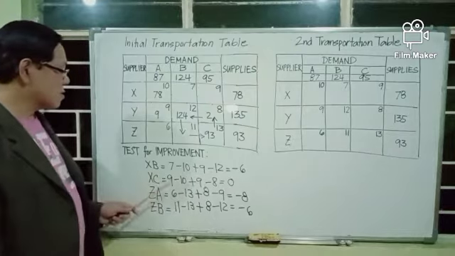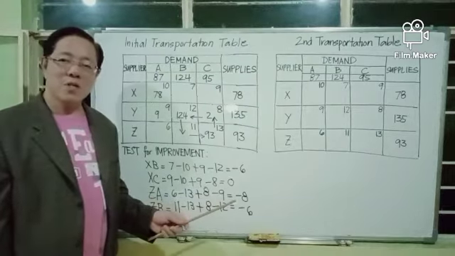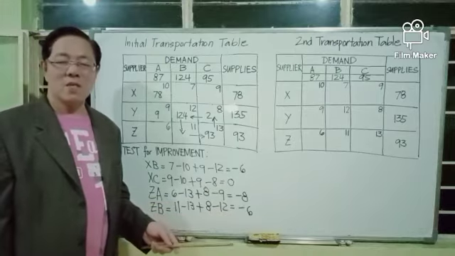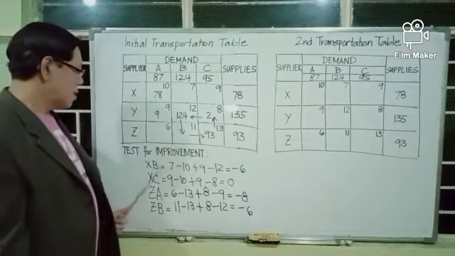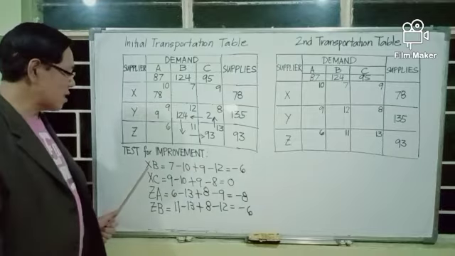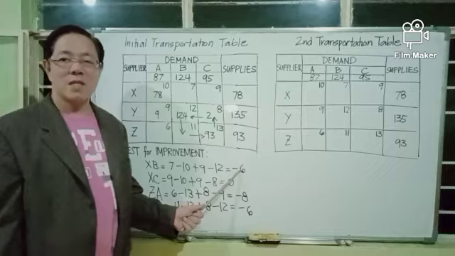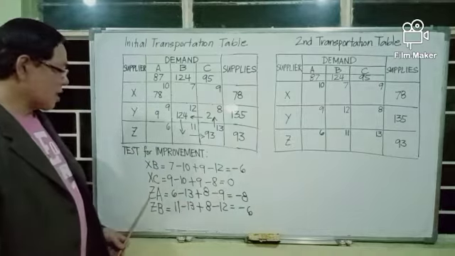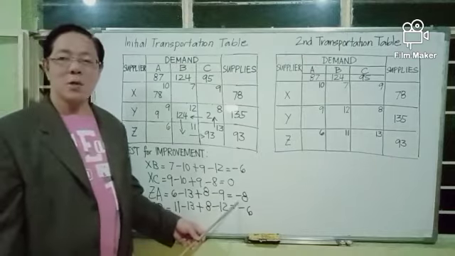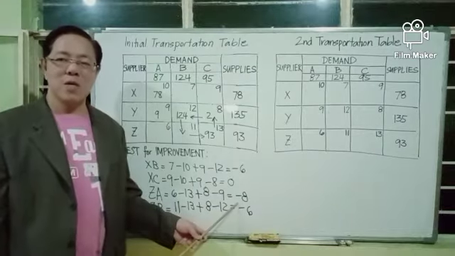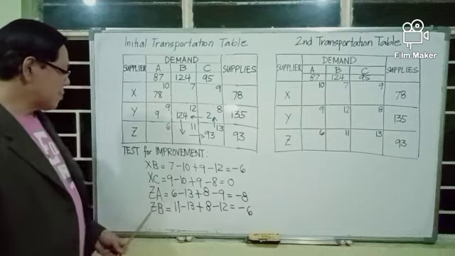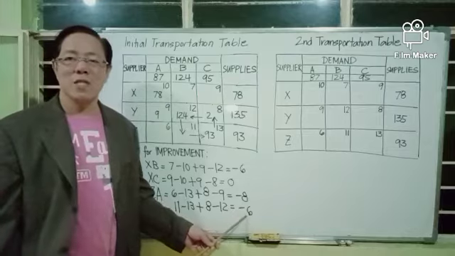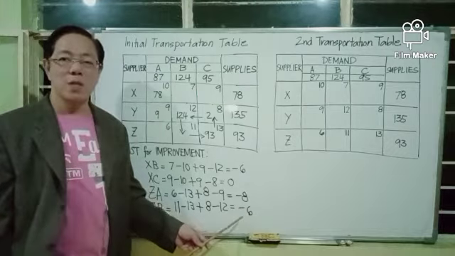Hence, among these, we have 3 vacant cells where we can transfer some units. You can transfer some units to the vacant cell XB. The decrease in transportation cost is 6 pesos per unit. Or you may transfer some units to ZA. The decrease in total transportation cost is 8 pesos per unit. And ZB, you can transfer some units to the vacant cell ZB. The decrease in total transportation cost is 6 pesos per unit.